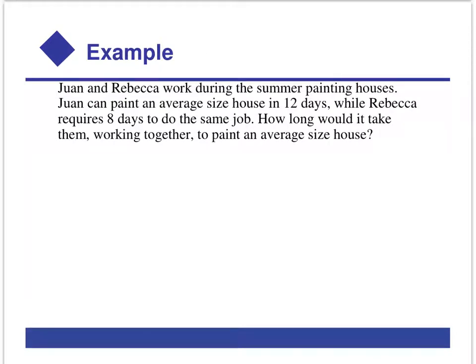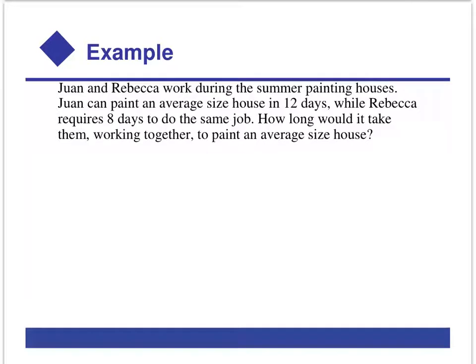Another word problem we have is Juan and Rebecca work during the summer painting houses. Juan can paint an average size house in 12 days, while Rebecca requires 8 days to do the same job. How long would it take them working together to paint the average size house? Now you have to think about some things. You can't just say 12 plus 8 equals 20, because that's not going to work.